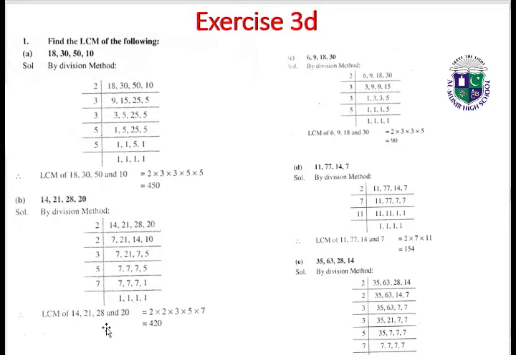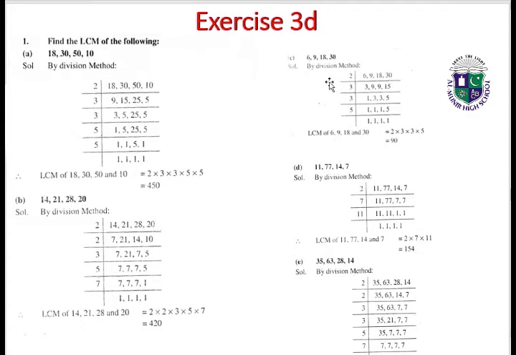LCM of 14, 21, 28 and 20: 2 2s are 4, 4 3s are 12, 12 multiplied by 5 is 60, 60 multiplied by 7 equals 420.